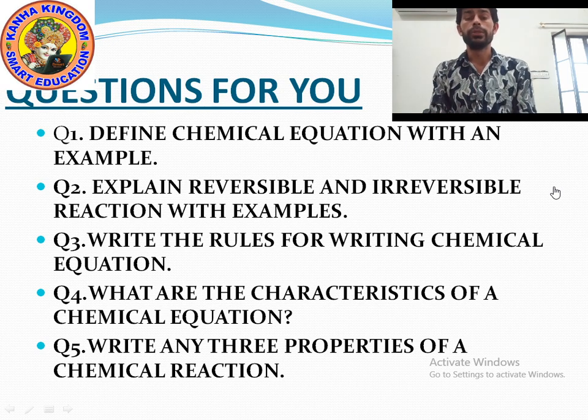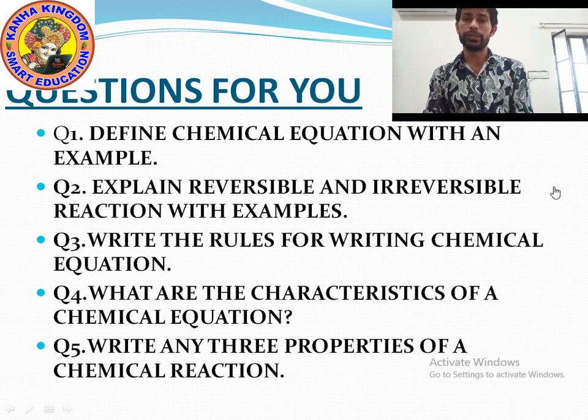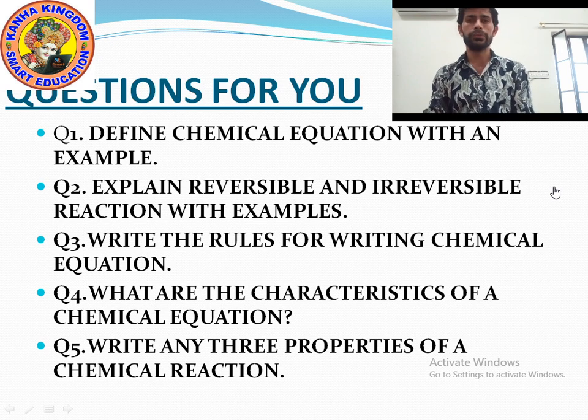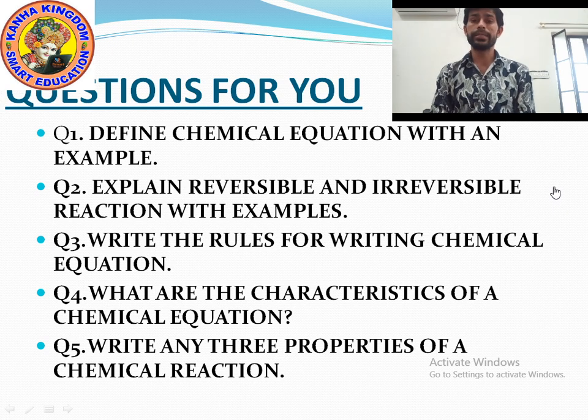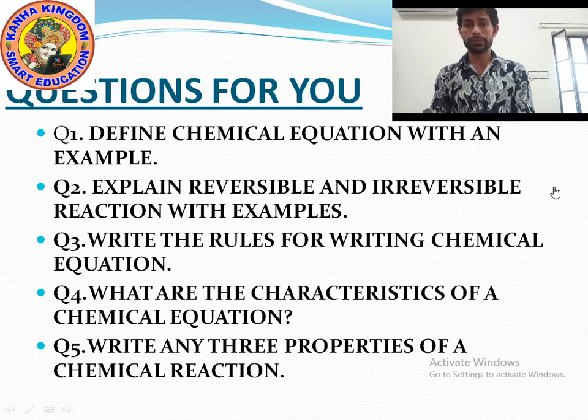Rule number 2, use arrows for reversible and irreversible reactions. For a reversible reaction, use the bidirectional harpoon arrow, and for an irreversible reaction, use the single arrow which is known as yield. Rule number 3 is use the symbol S for solid, L for liquid, G for gas, AQ for aqueous. So these are the simple rules for writing a chemical equation.